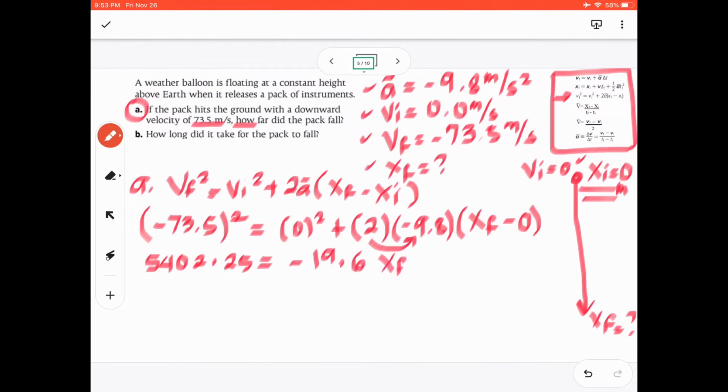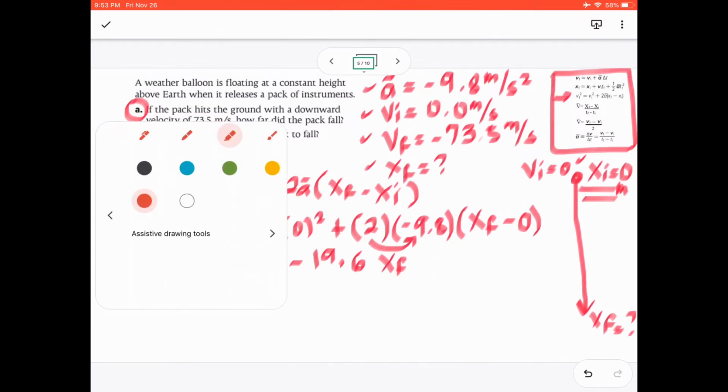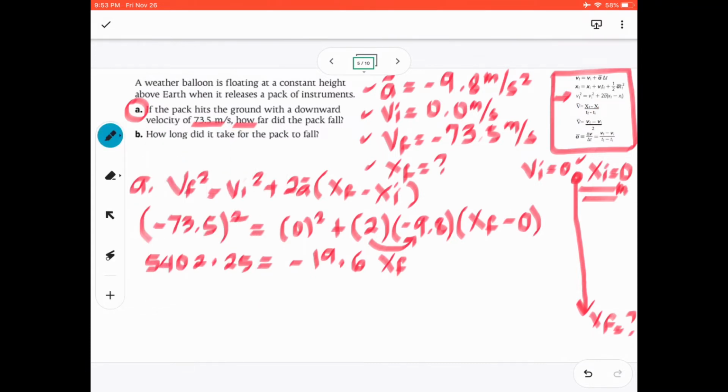Next step, we're going to divide both sides by negative 19.6 so that we will leave XF on one side only.